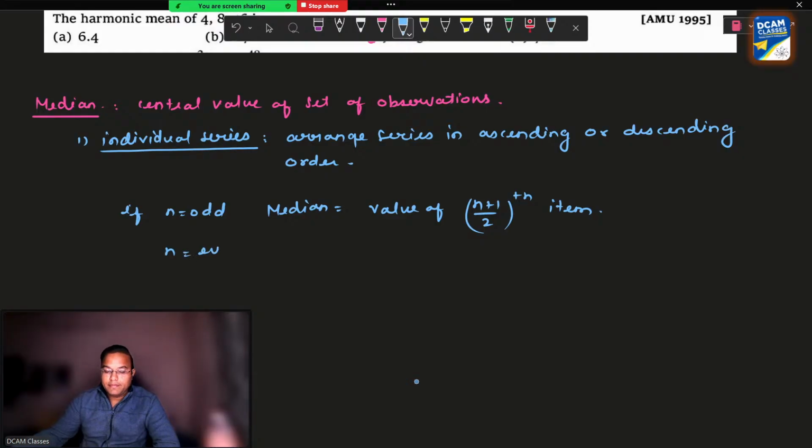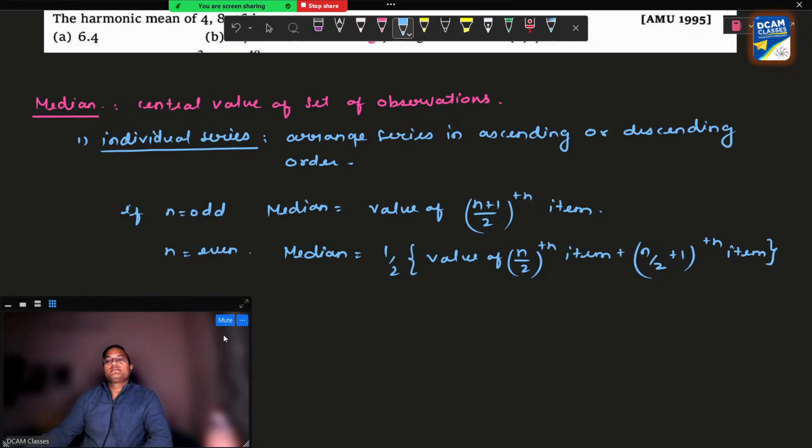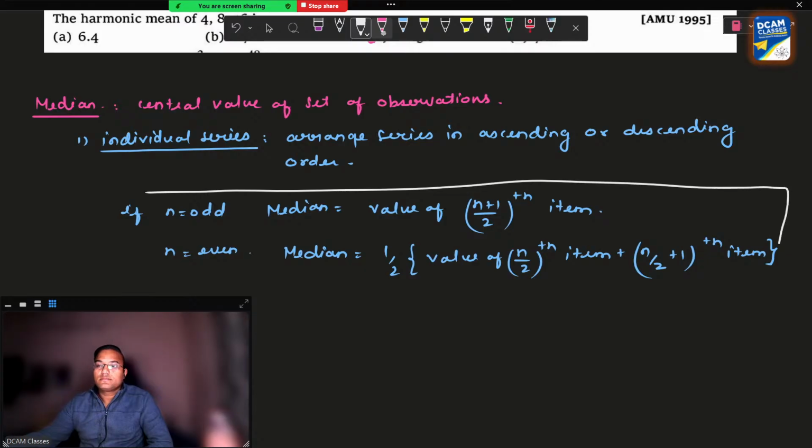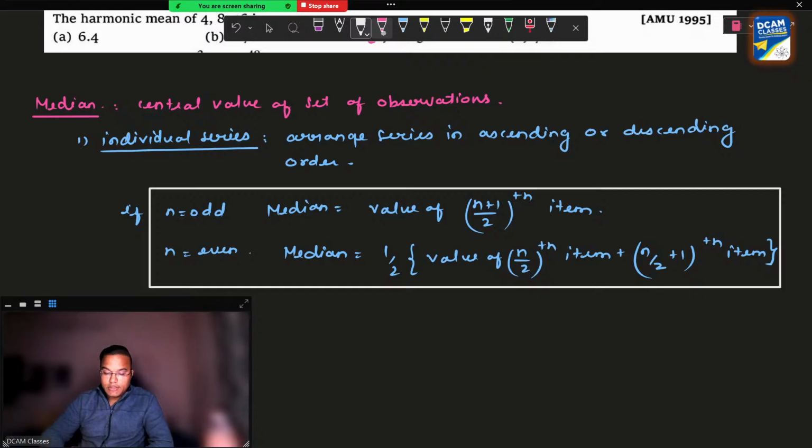If n is even, median is half of the value of the n by 2th item plus the n by 2 plus 1th item. Okay, these are the formulas that you should remember, for an individual series.